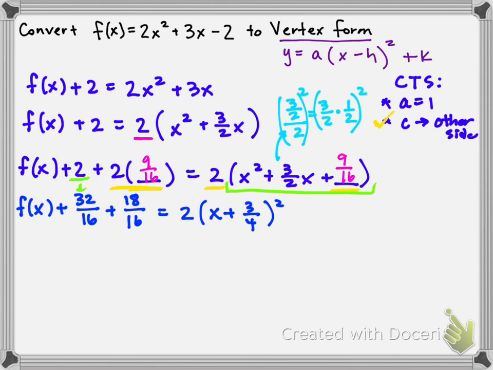From here, the vertex form says that I have y equals so on and so forth. So now I need to take that 32 over 16 and that 18 over 16, combine them, and then move them to the other side.